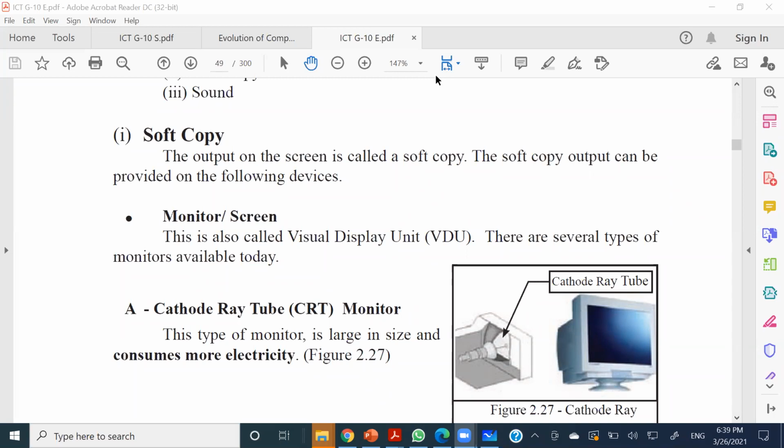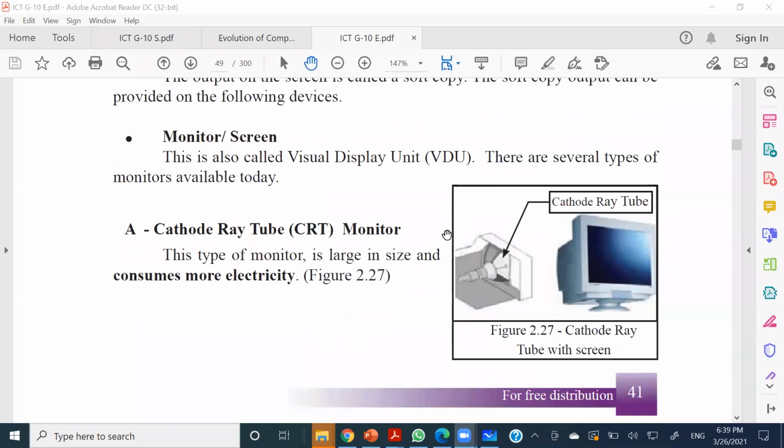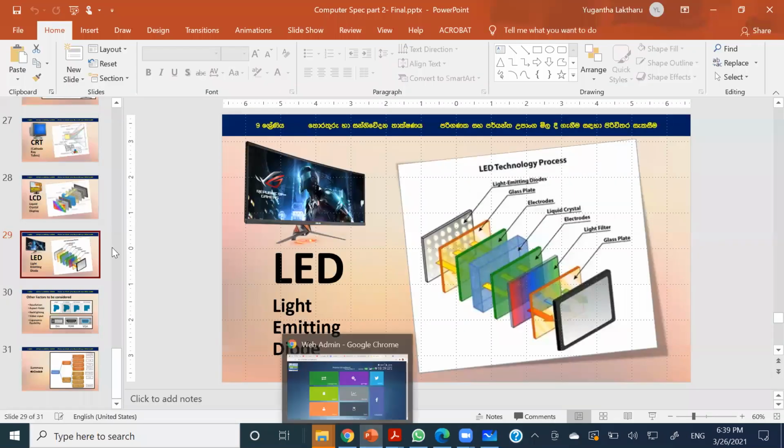A CRT monitor is big in size, it is heavy, and it takes a lot of space, unlike the flat screens. It also consumes a lot of power, a lot of electricity. The picture is something like this, and I'll show you something clearer.